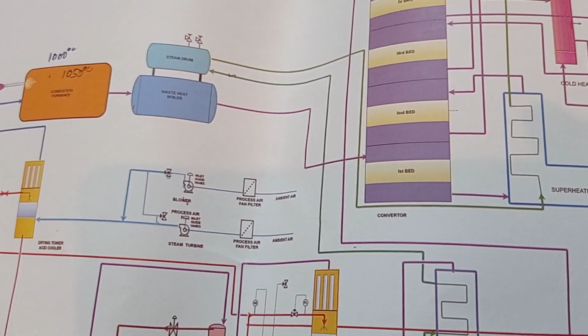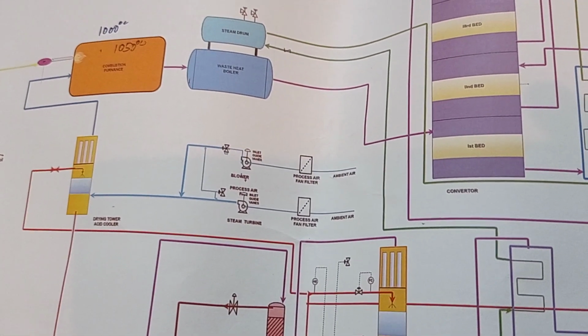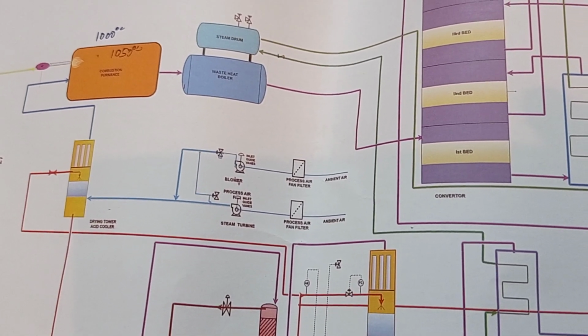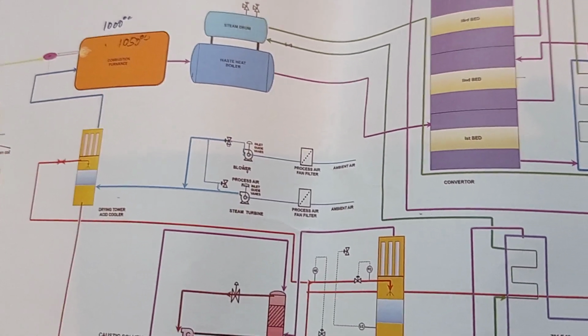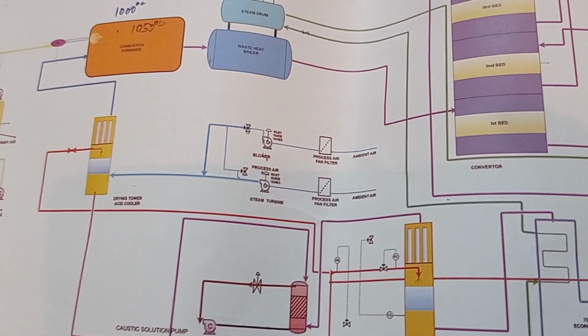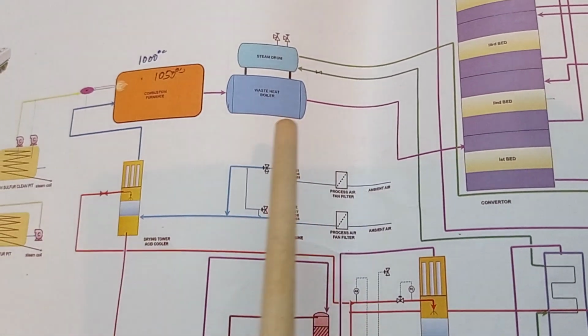And lastly, I would like to add that this plant can be automatic, semi-automatic, or valve-operated. If you want your plant to be advanced, you can put control valves everywhere.